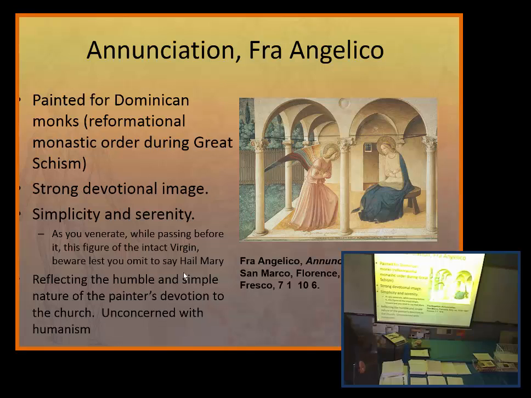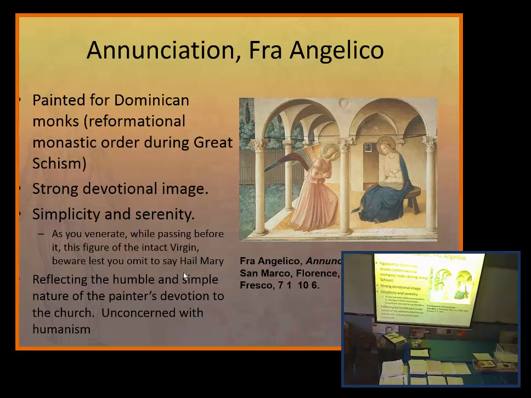Botticelli represents the full spectrum of liberal, like just don't do anything Christian. It's all about pagan stuff, even though he does some Christian things too. But it's mostly about the pagan stuff. And then on the right side, it would be somebody like Fra Angelico. So Fra Angelico represents the conservative. Everything's about representing servanthood to Christianity.